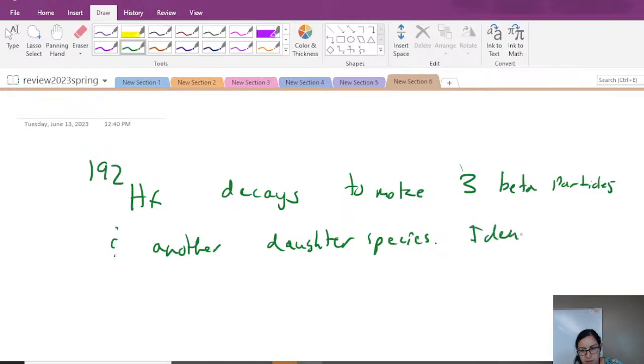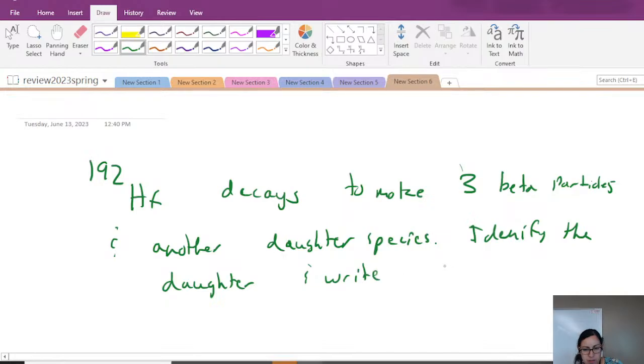So identify the daughter and write out the full equation. So see if you can figure out who the unknown species is.